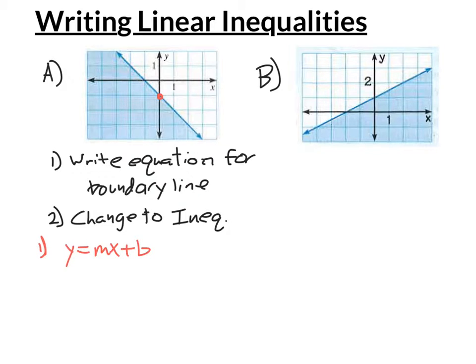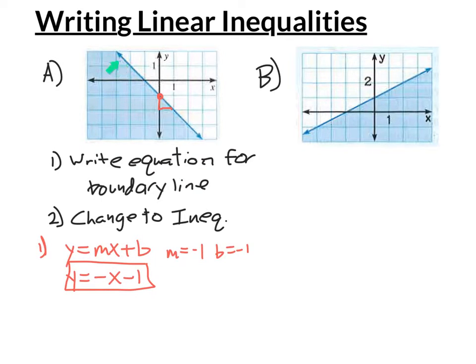So I know my b is going to be -1, and I know my slope is down 1 to the right 1. So if m equals -1 and b equals -1, my equation is going to be y equals -x minus 1. Okay, so that's the equation of my boundary line.